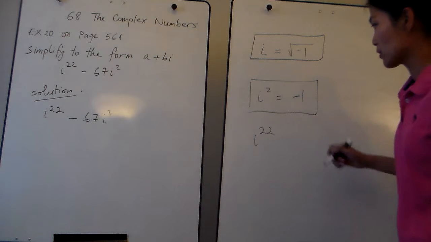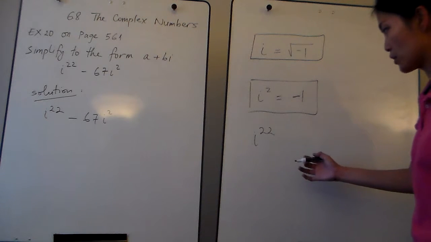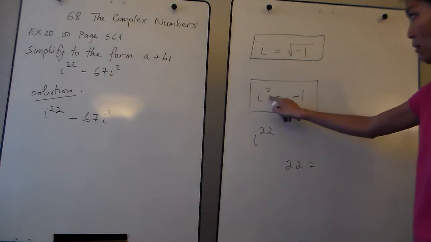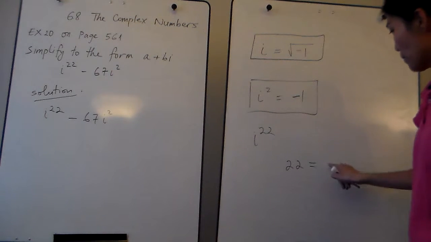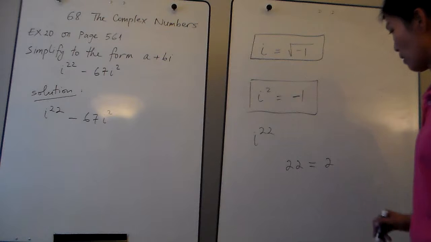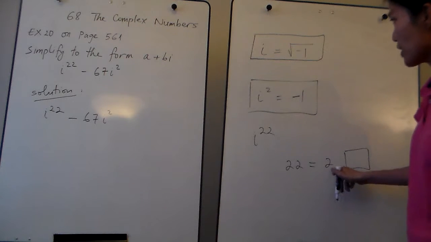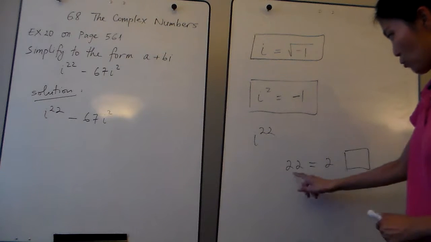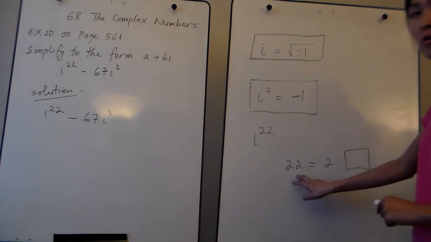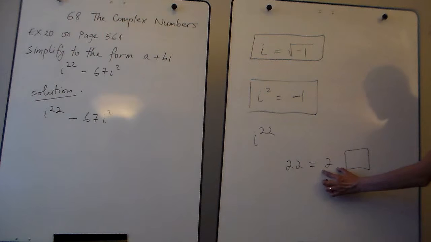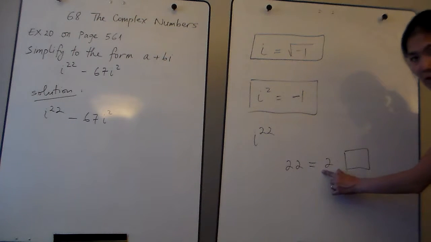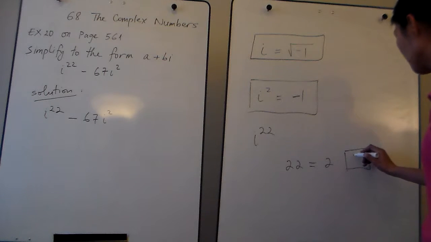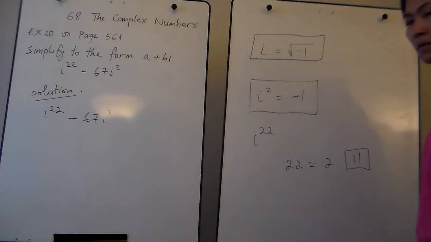Think about this as 22. You can factor it as 2 times something. The reason I want 2 here is because we know i squared. So try to factor 22 with 2 as one factor. It turns out 2 times 11 is 22.